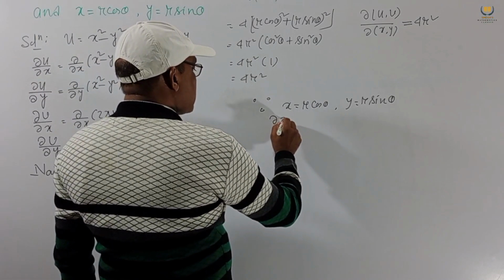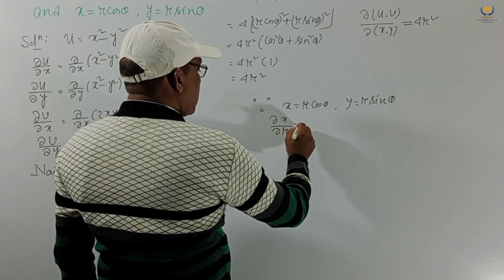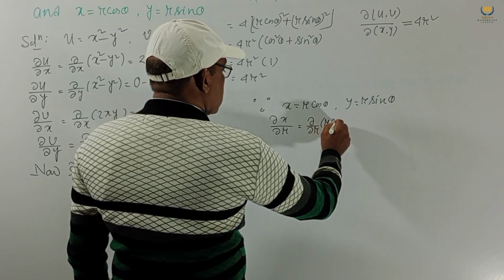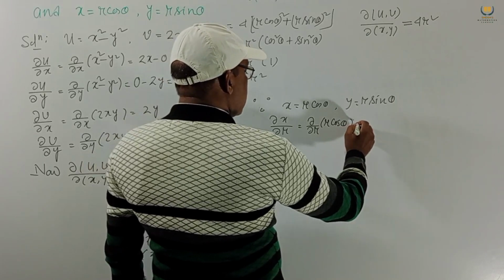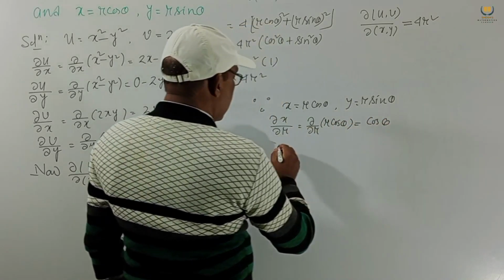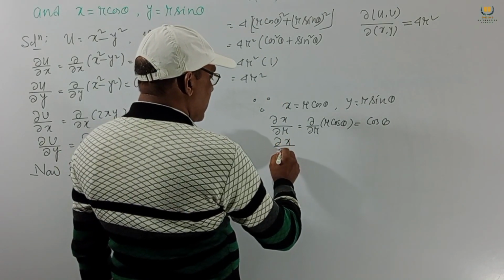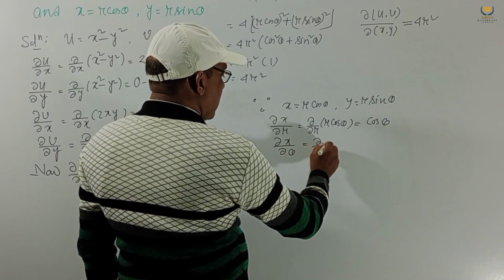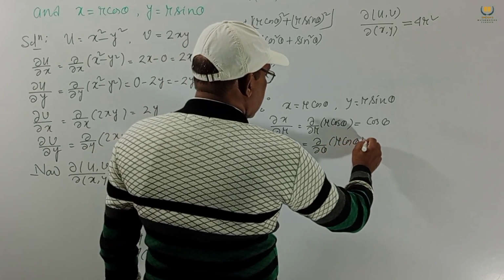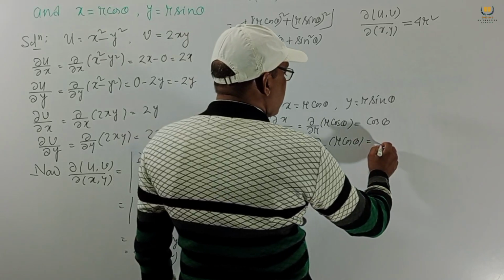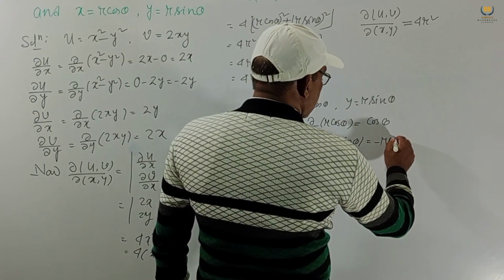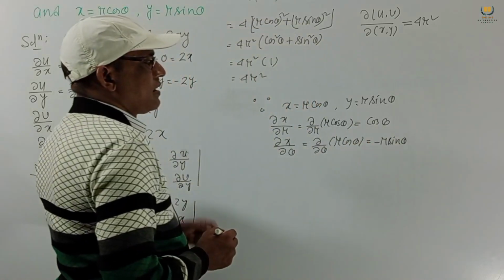So ∂x/∂r: differentiating r cos theta with respect to r, we get cos theta. ∂x/∂θ: r remains same, derivative of cos theta is minus sin theta, so this is minus r sin theta.